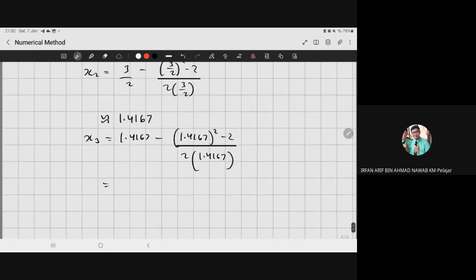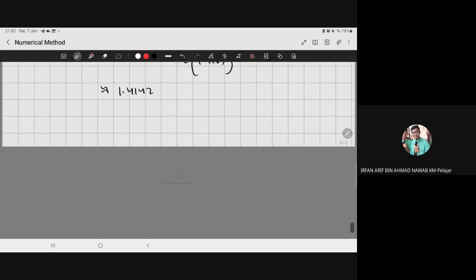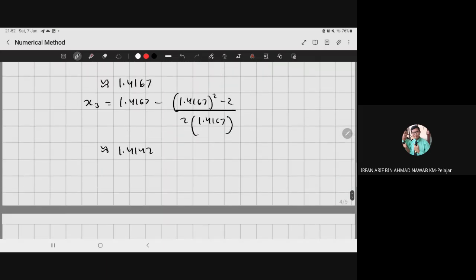And then you will get the value 1.4142. And then continue on until you get two consecutive values which are the same.